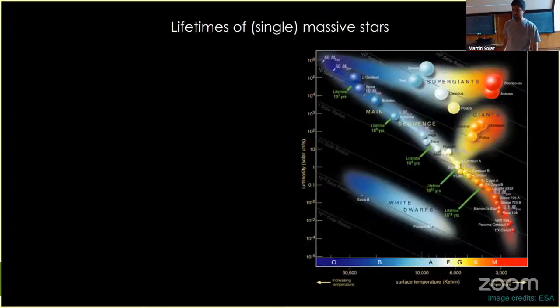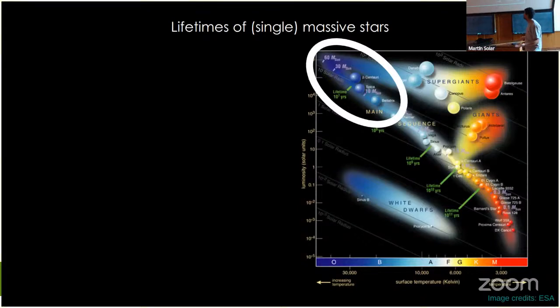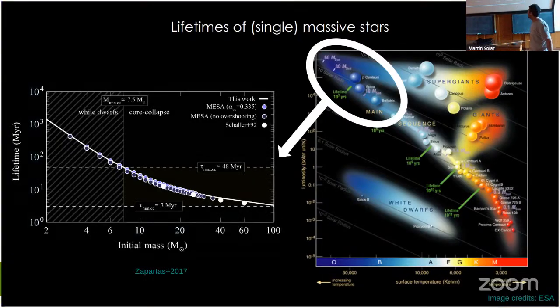So here we have the famous Hertzsprung-Russell diagram, in which in the y-axis we have the luminosity, and in the x-axis the effective temperature at the surface of the stars. And again, I'm not going to focus on the low mass regime, but on stars that are considered massive stars. Here we have the lifetime as a function of the initial mass for the dark region, that is everything with initial masses between 8 and 100 solar masses.